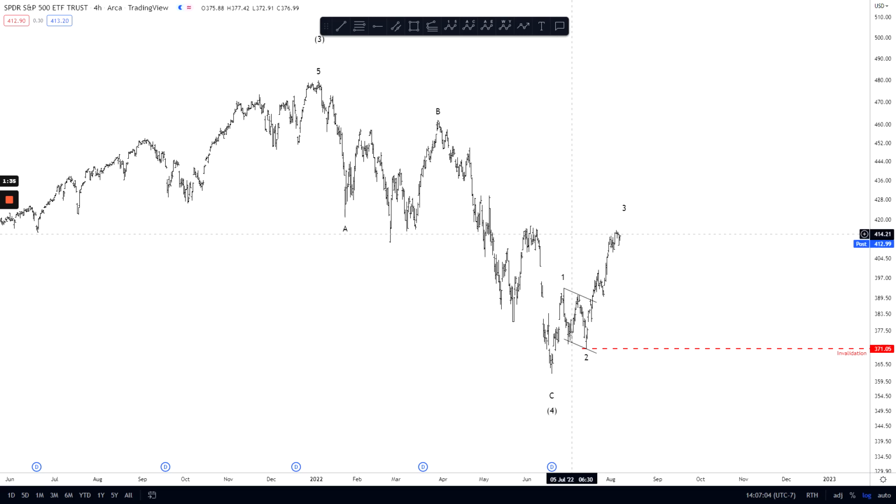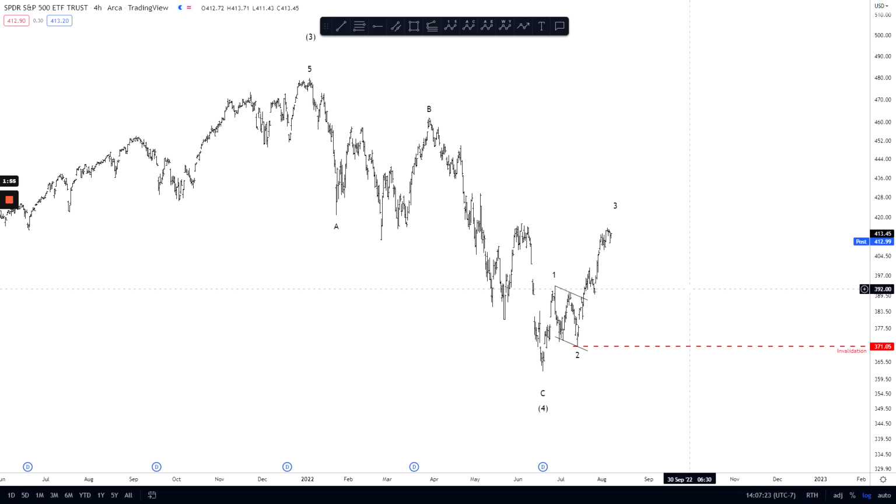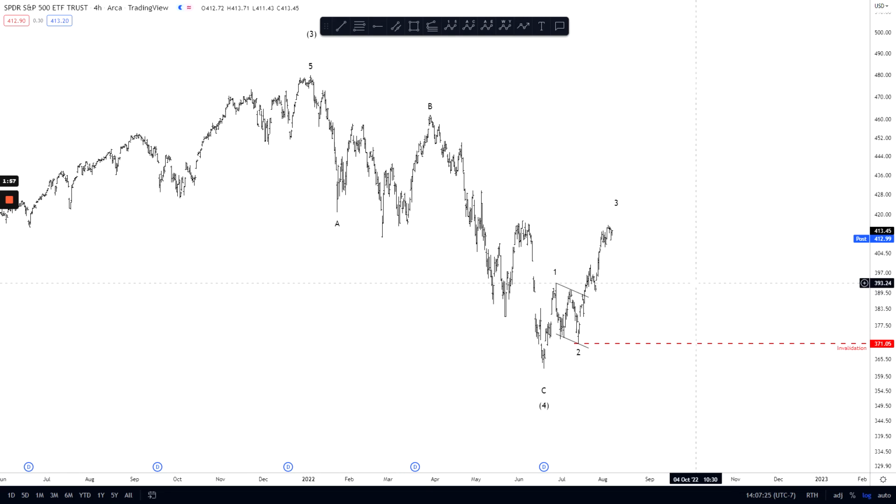Are we going to bounce in equities? Are we starting a new wave count to the upside? Well, using the wave principle and technical analysis and looking for clues on the chart, we can begin to build a case, either a bearish case or a bullish case. So let's take a quick look at what evidence is on the chart for us to find.